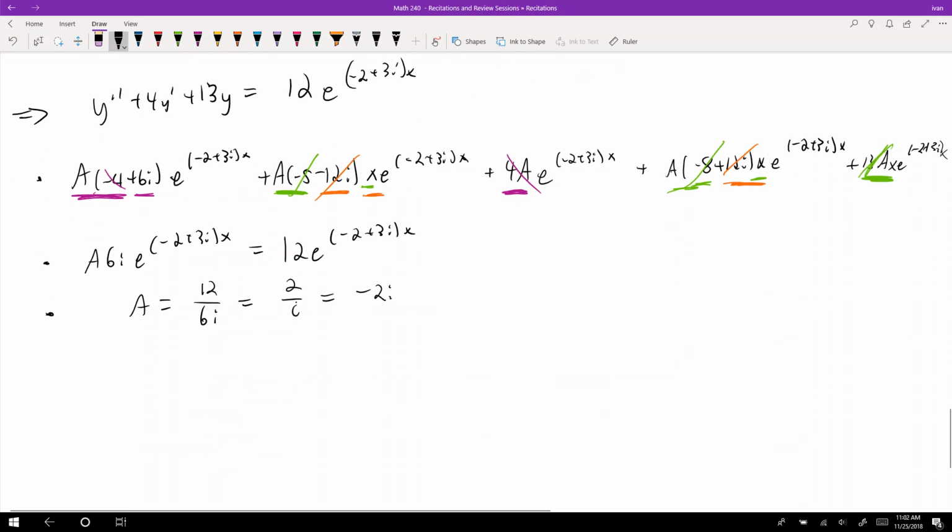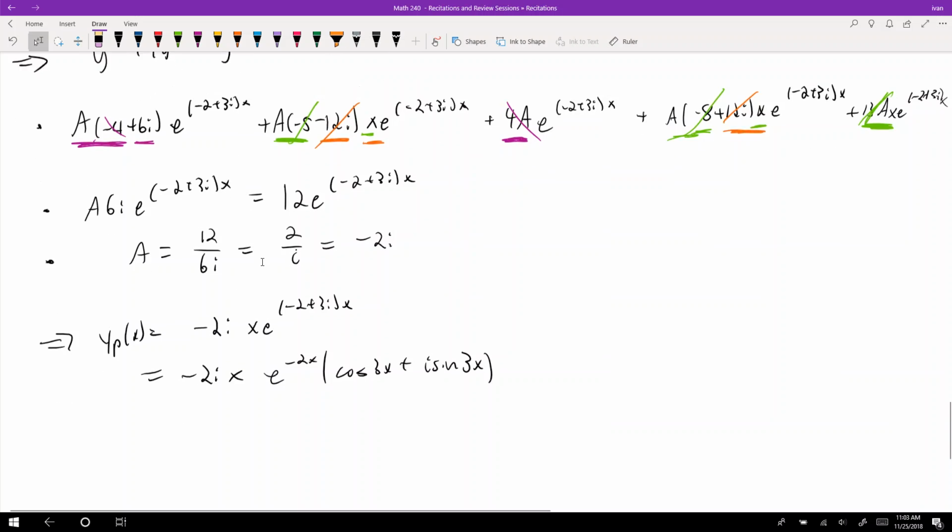That means yp of x is equal to negative 2i times x e to the negative 2 plus 3ix. But we have to rewrite e to the negative 2 plus 3ix in terms of e to the negative 2x times cosine 3x plus i sine 3x.